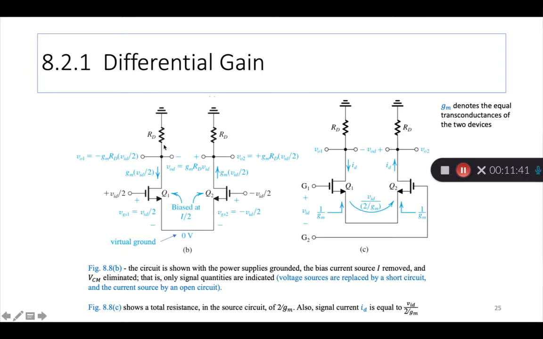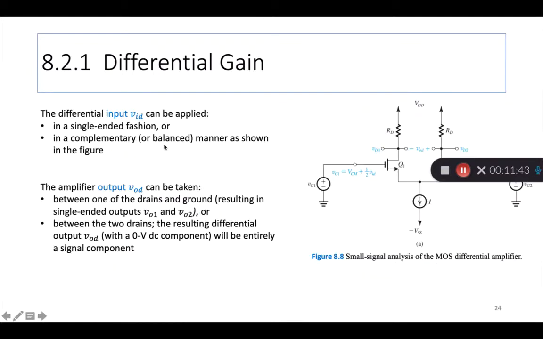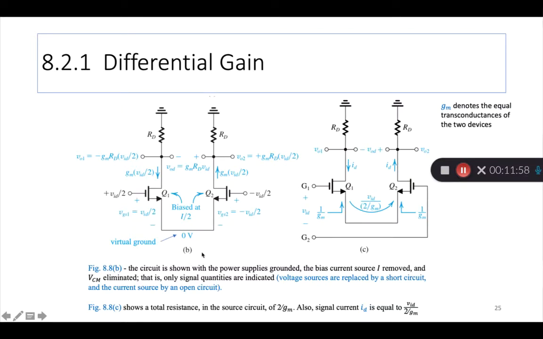Also, what you'll notice is compared to this previous circuit where VDD is mentioned, VSS is mentioned, the biasing current source I is shown here. All that is gone, right? So biasing stuff is taken away, removed, and we assume that the circuit only has the input signals and the output signal and nothing else, right?